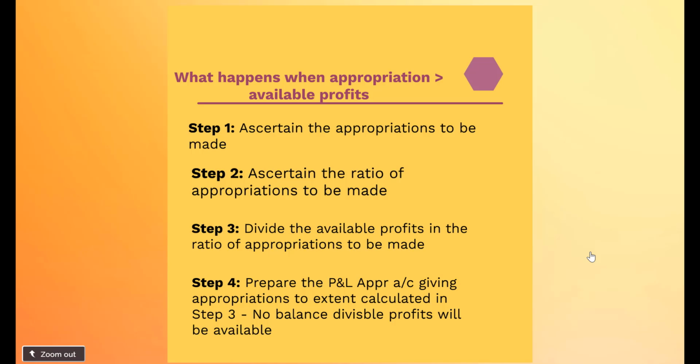The second step, find out the ratio of these appropriations to be made. Step 3, available profits are to be divided in the ratio of these appropriations. And 4, debit the P&L appropriation account, giving appropriations to the extent which has been calculated in step 3. There will be no balance divisible profits available.